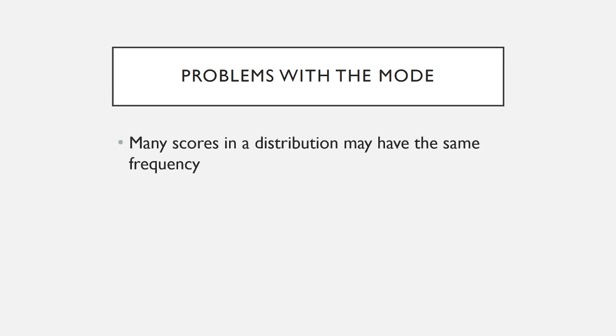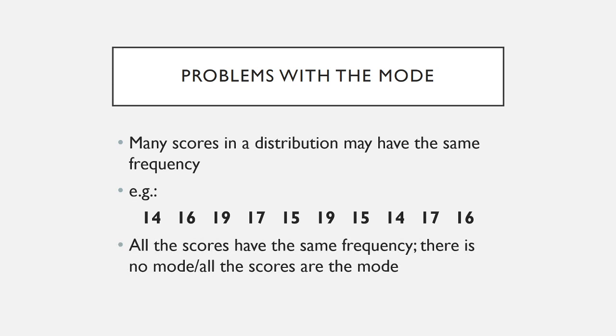It's not perfect, though. This is going to be the running theme, that there are upsides and downsides to any approach for central tendency statistics. One problem with the mode is that it does not work very well when you have many scores in the distribution that have the same frequency. Let's say you have a set of scores like this, where many scores appear an equal number of times and they're all tied for first.